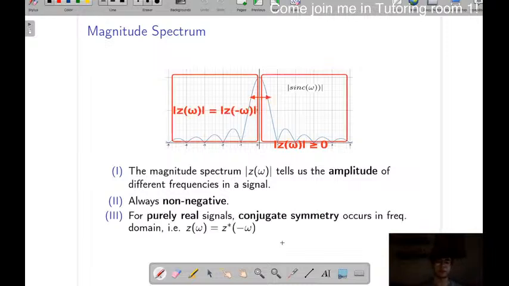And for purely real signals, like we're often working with, we get something called conjugate symmetry. Essentially what that means is that the left and right sides of this magnitude spectrum will be symmetric. It's going to be an even function.